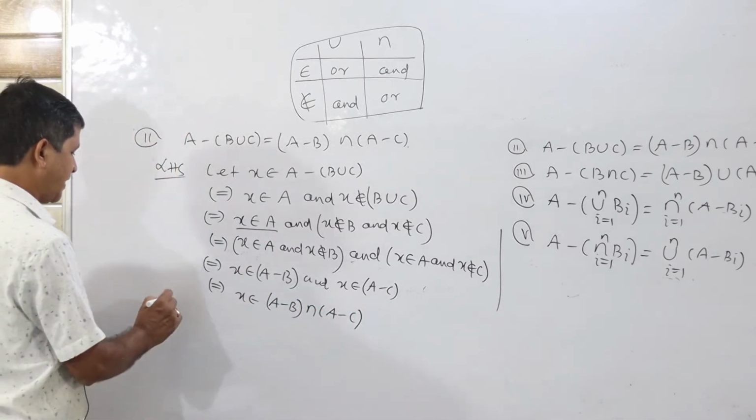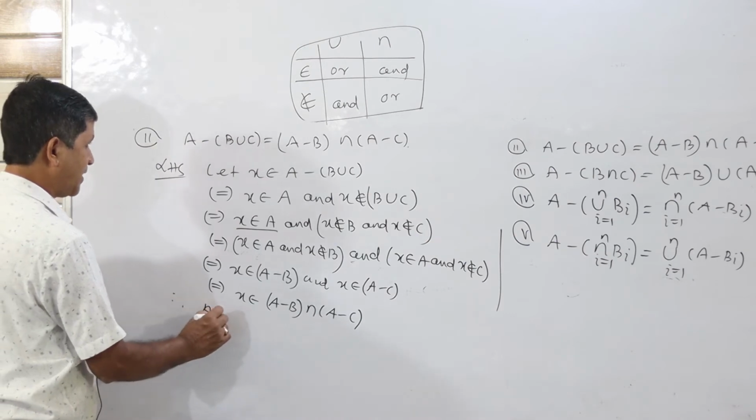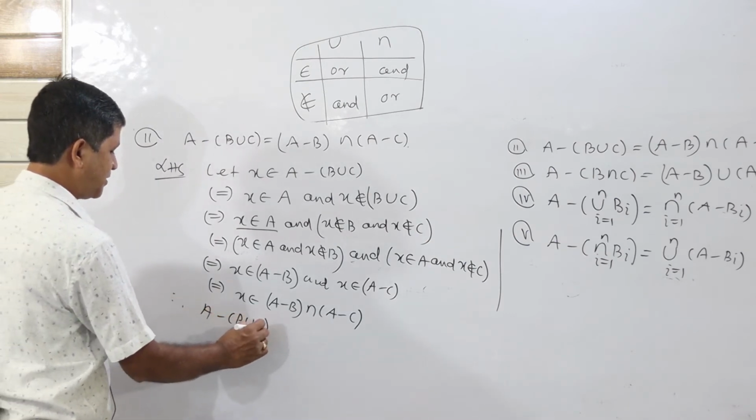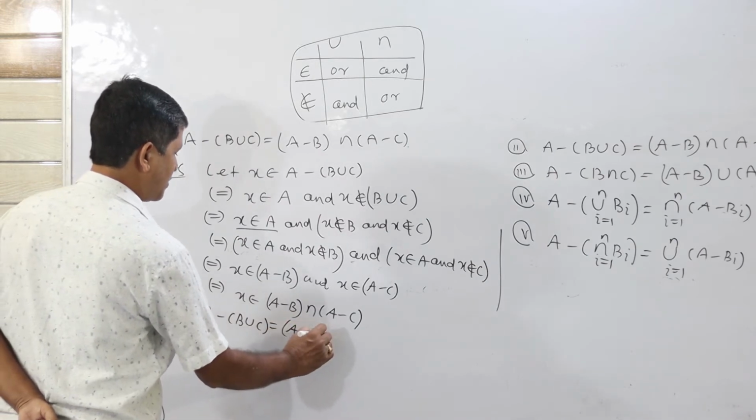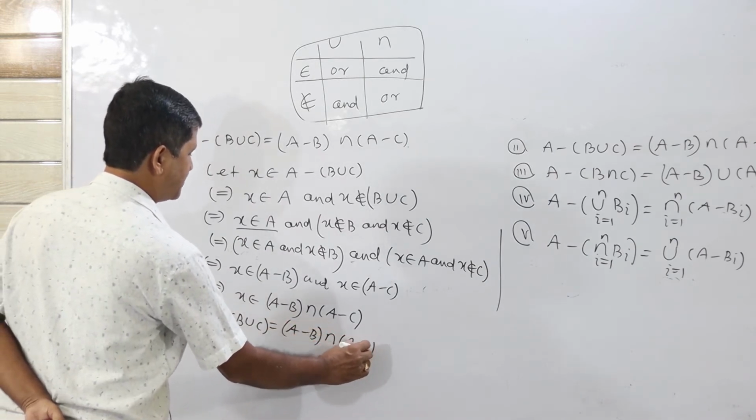So this is the RHS. Hence A − (B ∪ C) is equal to (A − B) ∩ (A − C).